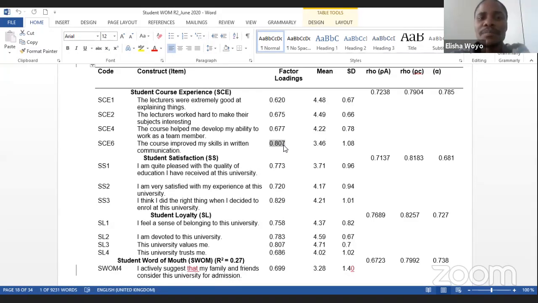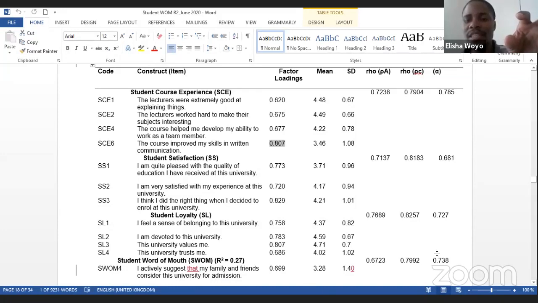let's say the course improved my skills in written communication loaded in 3 places. It's your responsibility as a researcher to make sure that you choose this element and cluster it in a factor that would make a lot of sense. So that is one thing you need to do.